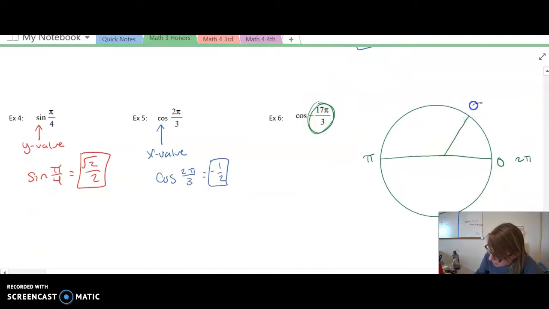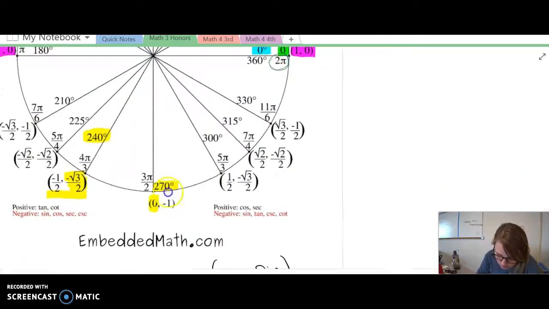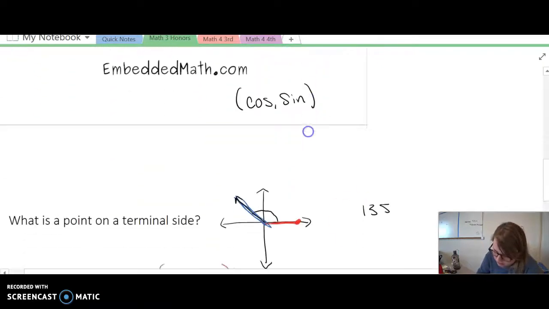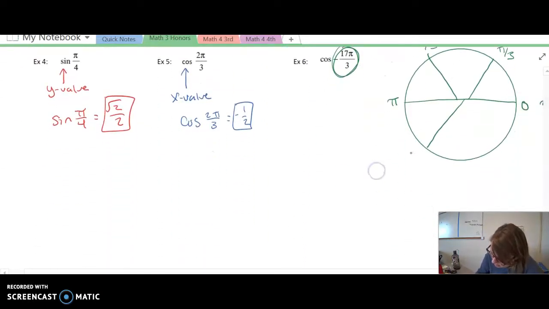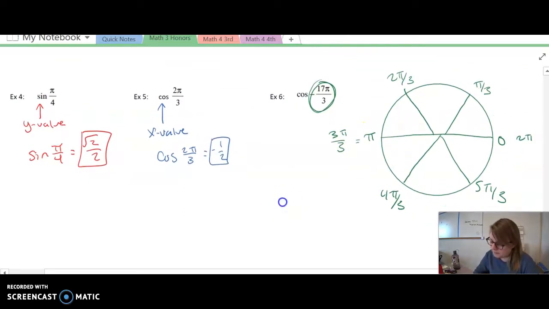So we had pi over 3, and then from that last problem we had 2 pi over 3, and please excuse my terrible drawing skills. And then if you looked further, we had 4 pi over 3, and then we had 5 pi over 3. Now you're probably wondering, well, what about this one, Miss Smith? Well, this is another way of saying 3 pi over 3, but it was reduced.